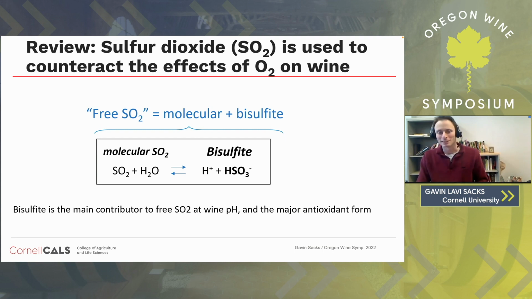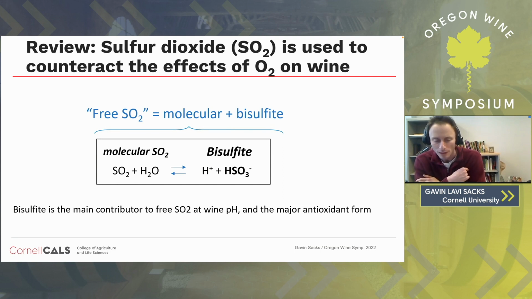Most wines do have SO2 during storage. And a quick review, free SO2 has two components: molecular SO2, the neutral form, which is SO2 as SO2, and bisulfite, which is HSO3 minus. At wine pH, bisulfite is the major contributor to free SO2, usually 95% or more.